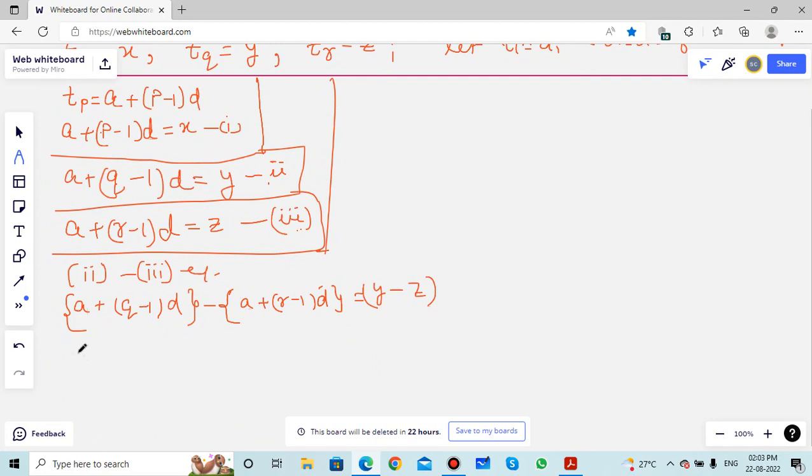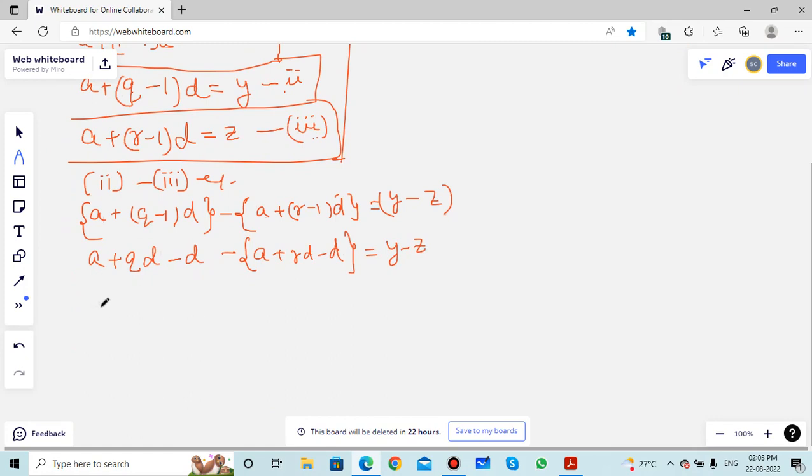Second equation minus third equation. Second is a plus q minus 1 d, and minus the third equation, a plus r minus 1 d, and that is equal to y minus z. Now open the bracket. So it will be a plus qd minus d minus a minus rd plus d is equal to y minus z.